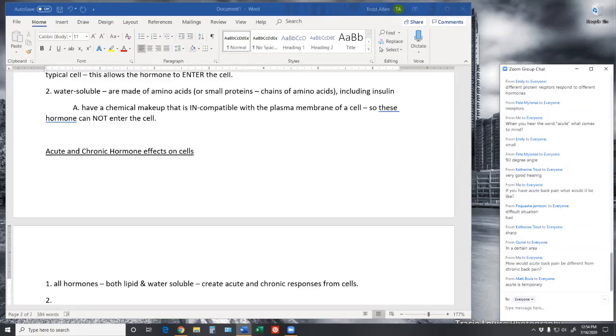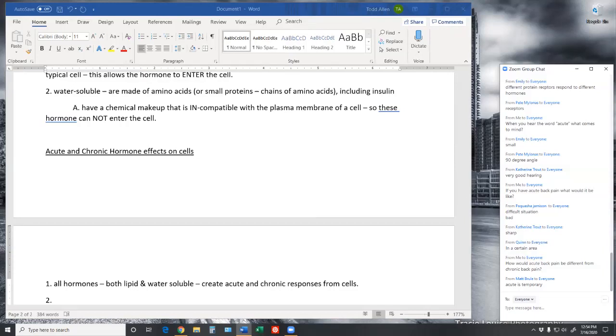In the context we need to have this conversation, acute is temporary. So acute back pain is temporary, right? It may have come on last week and next week it goes away. But chronic back pain, you've had it for the past 5 years because you've had an injury of some kind and it just never goes away, right?